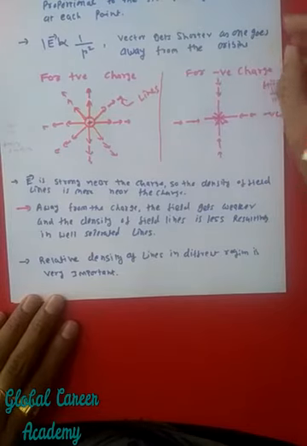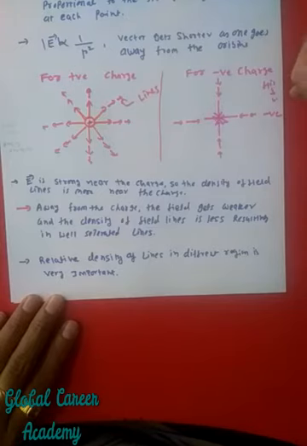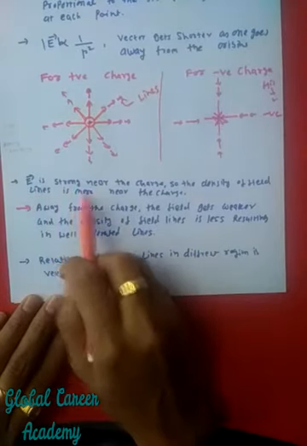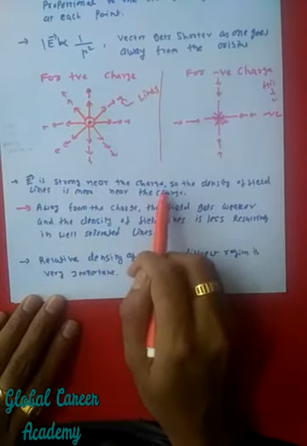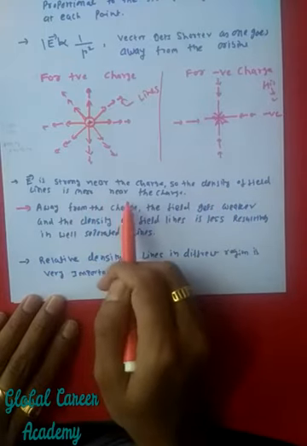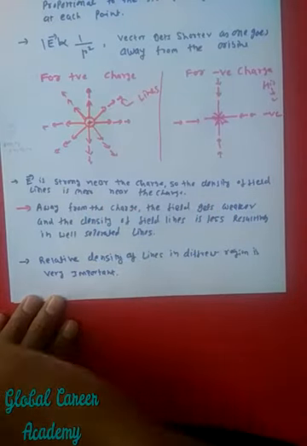We all know that at the source of the smell, the smell will be strong, and when you go away from it, you will find that the intensity of the smell is decreasing. In the same way, the electric field is stronger near the charges, and the density of field lines is more near the charges. We need to understand this.